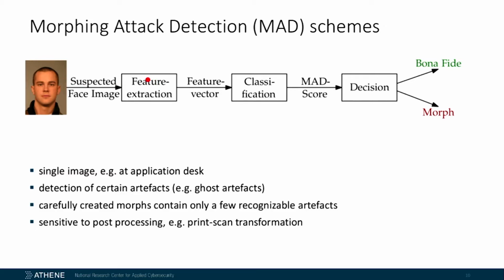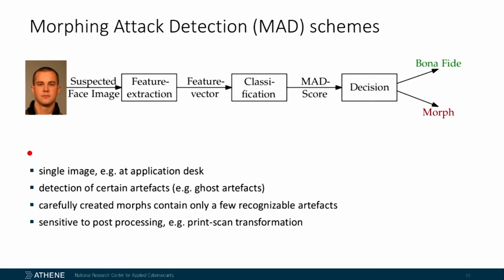Using this image, we can extract features and use the extracted feature vector for classification. We obtain our morph attack detection score, and using this score, we can derive a decision if it's a bona fide, so a valid image, or a morphed image.